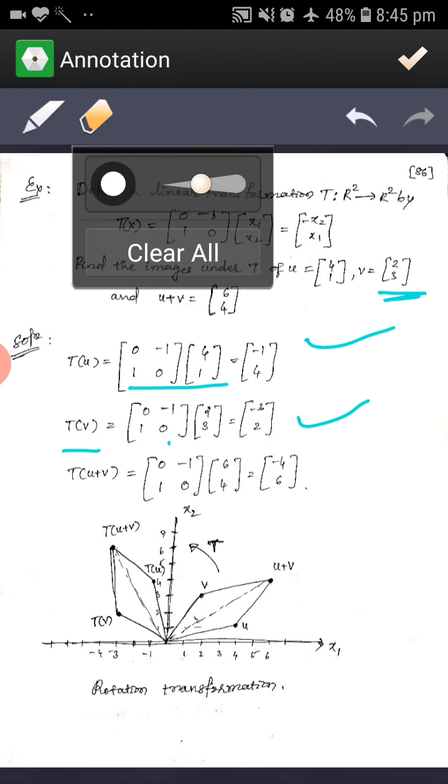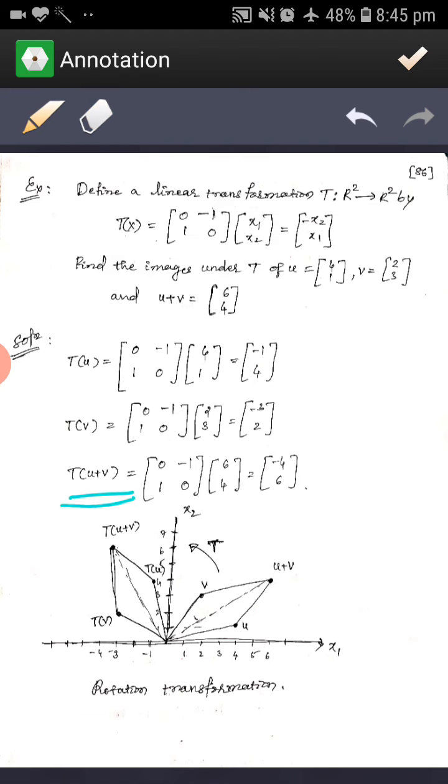Then the transformation of u plus v: normally u plus v is (6, 4). The transformation of u is this one, the transformation of v is this one.